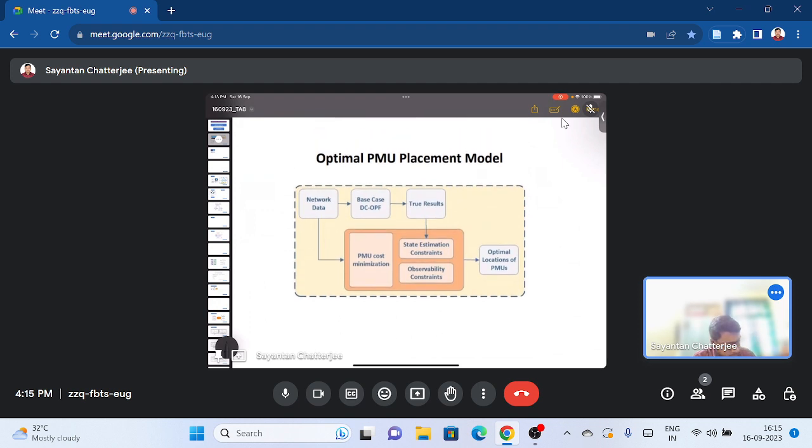The network data has to be given. The base case DCOPF, meaning DC optimal power flow, needs to be run.